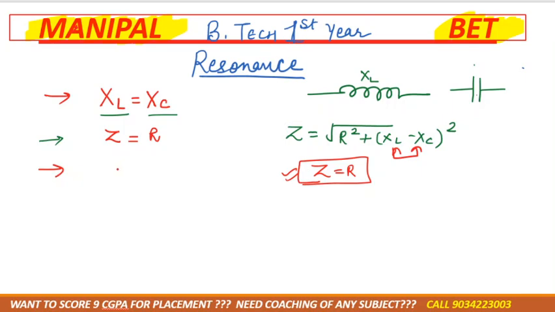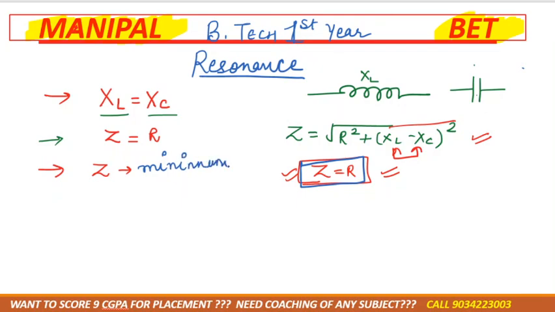Now, if Z is R, is the impedance minimum or maximum? Earlier the impedance was this one, but after applying the condition of resonance, the impedance becomes equal to resistance, Z equals R. Minimum.